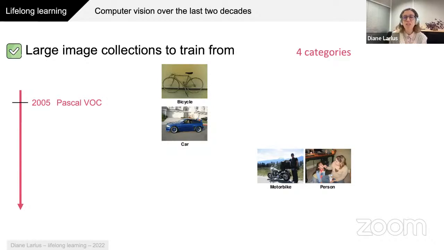And these challenging images contain one among 4 categories: bicycle, car, motorbikes, and person. And building such a large data set, large at the time, a few thousand images, this Pascal European project and some of the researchers participating in this project organized a challenge where participants were asked to classify an image among these 4 categories.